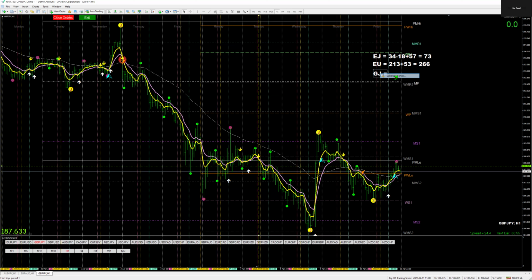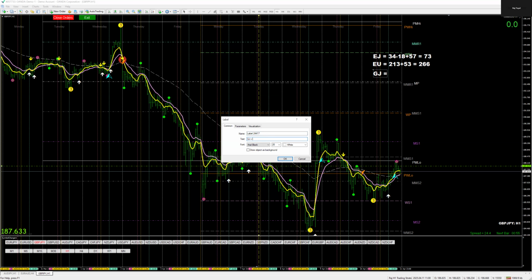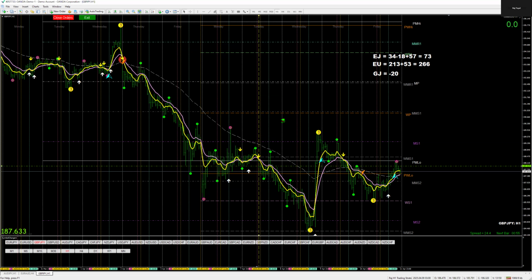Let's say we took a 20 pip loss. No, this is not the system exit. We already know with this, we were in the money here for 73 pips, so we probably break even. But let's say we took a 20 loss.